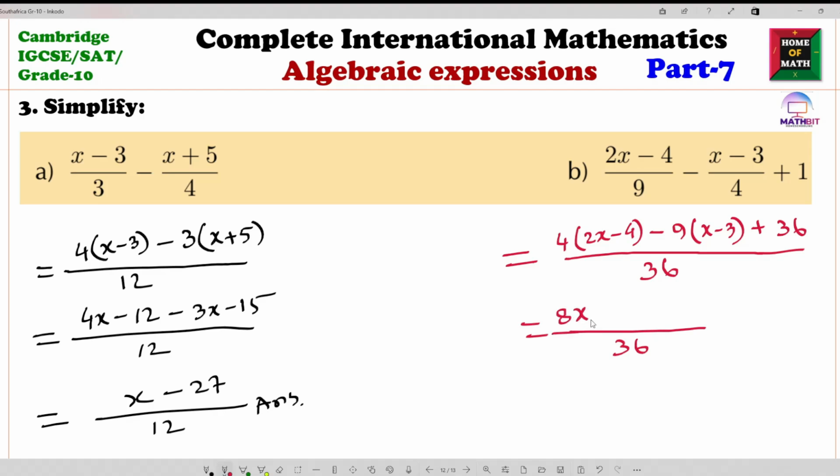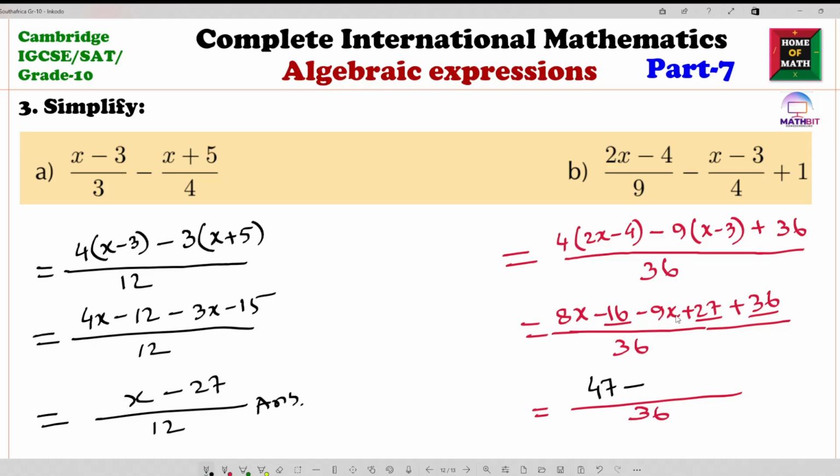So 8x minus 16 minus 9x plus 27 plus 36. Then over 36, 8x minus 9x means minus x, or here we can write 27 minus 16, which is 11, plus 36, 47.